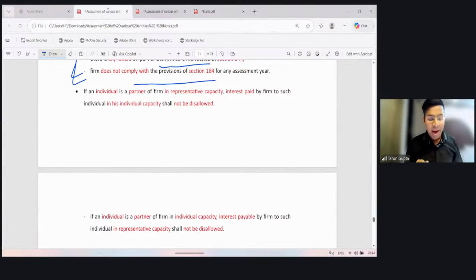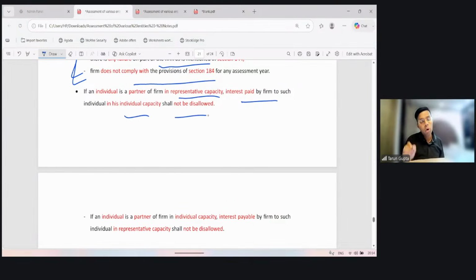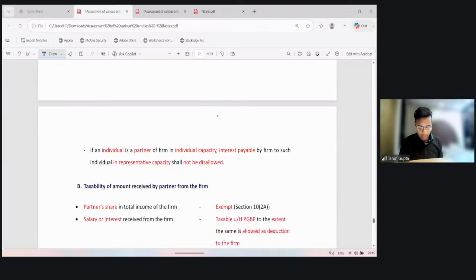So it says, if an individual is a partner of a firm in representative capacity, interest paid by the firm to such individual in his individual capacity shall not be disallowed. So the partner is the HUF and the Karta is only acting as a representative. And any interest received by him in his individual capacity, not in representative capacity, he is not receiving interest on behalf of the HUF, the loan is given by him in his individual capacity, then section 40B shall not be applicable.